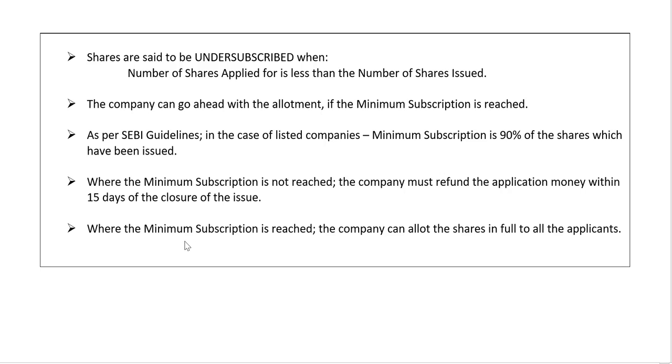And where the minimum subscription is reached, the company can allot the shares in full to all the applicants. So now that we've understood the meaning of the term undersubscription, let's go to an example sum.